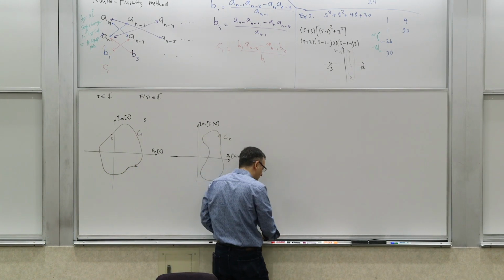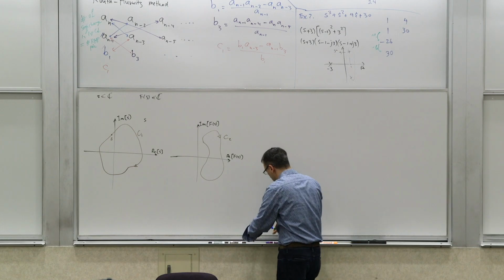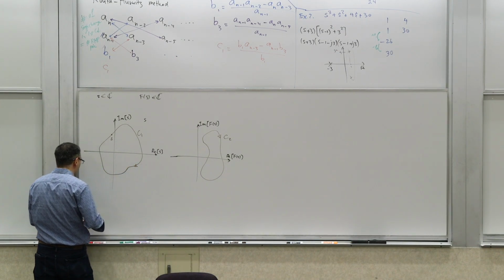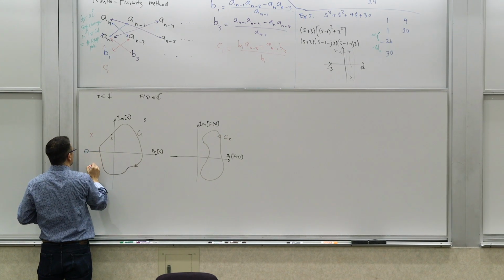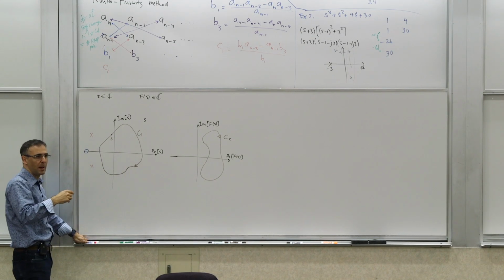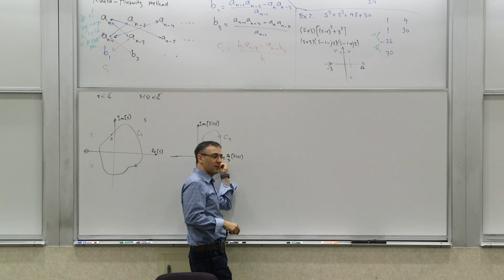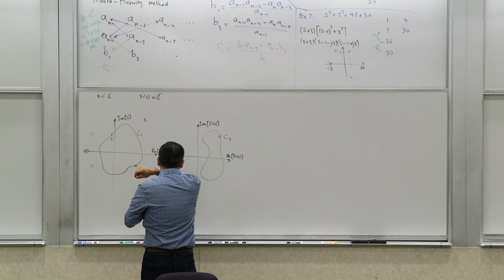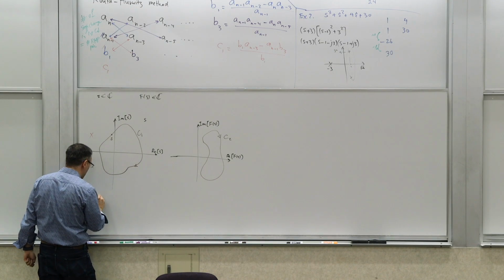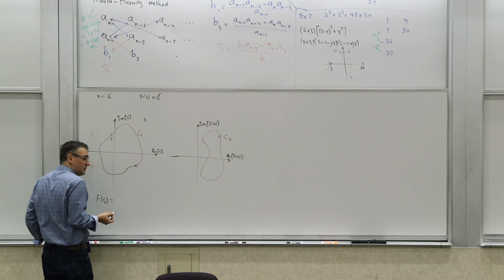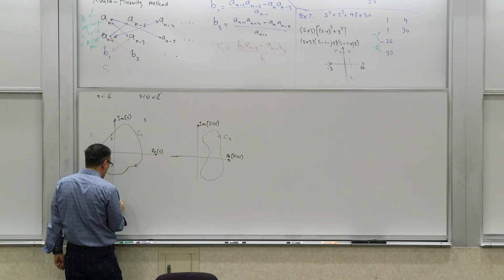So now let's imagine a couple of different scenarios. Imagine the first scenario where you have, let's say, a zero and maybe a couple of complex poles here. Just as an example to see what happens. The question is, what is the phase and magnitude of this f of s? So what we know is that f of s is a complex function, right? And assuming that it's a rational function, we can write it in this form.